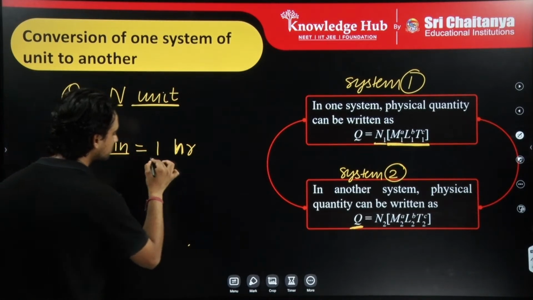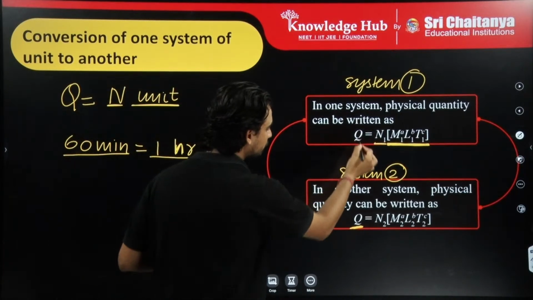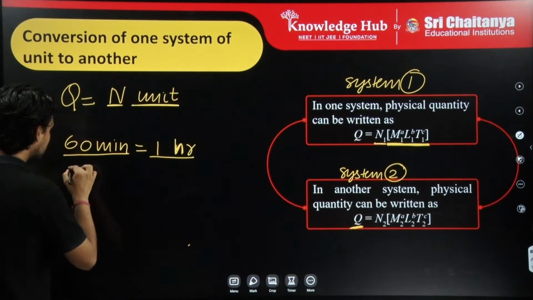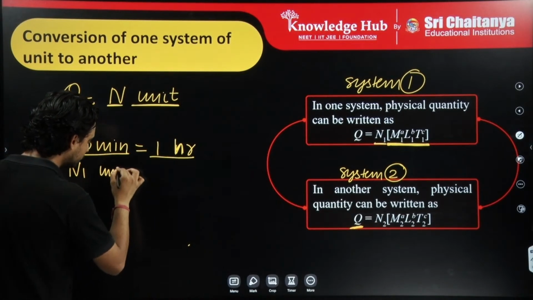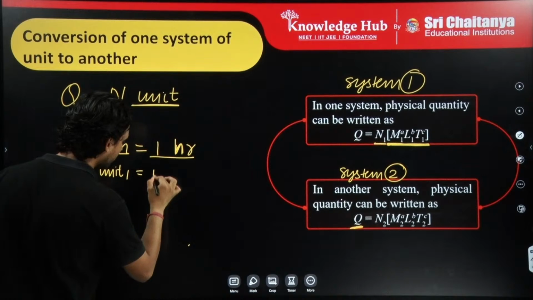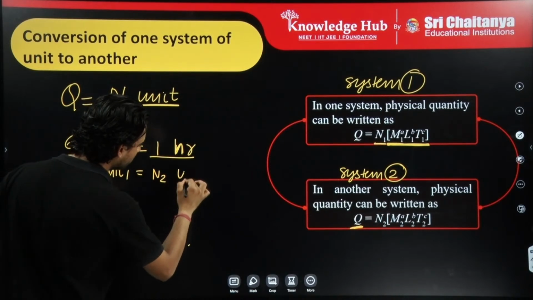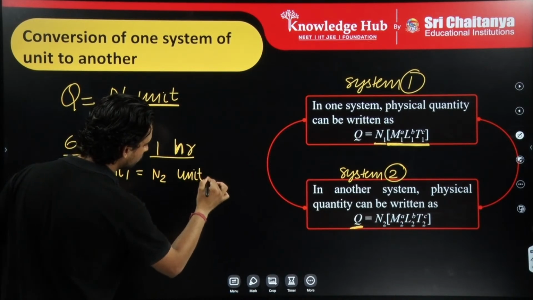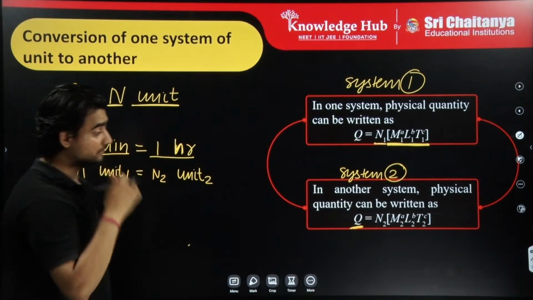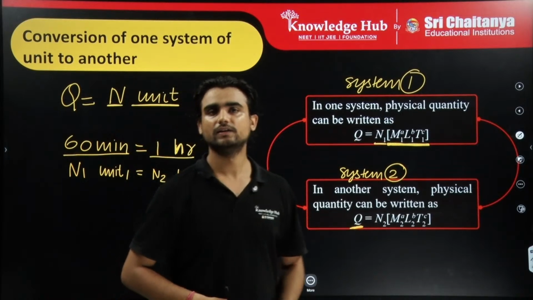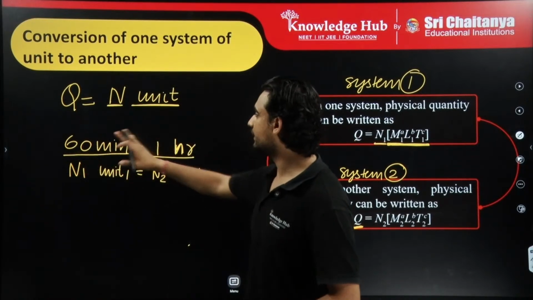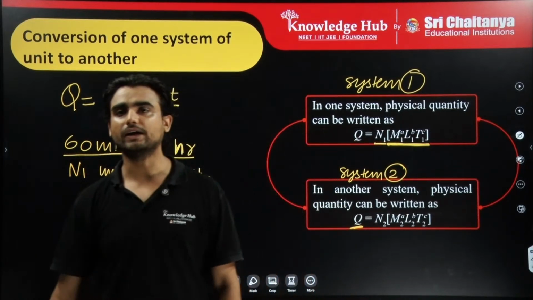This is basically Q and this is basically Q. This is my N1 and this is the unit 1. This is my N2 and this is my unit 2. This is system 1, this is system 2. So what we do is we just equate them and try to solve.